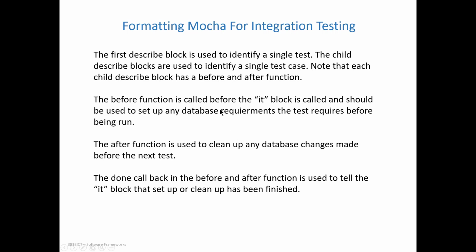The before function is called before the it block is called, and should be used to set up any database requirements, etc. that the test may require to be run. The after function is used to clean up any database changes made before the next test. The done callback in the before and after functions is used to tell the it block that the setup or cleanup has been finished.